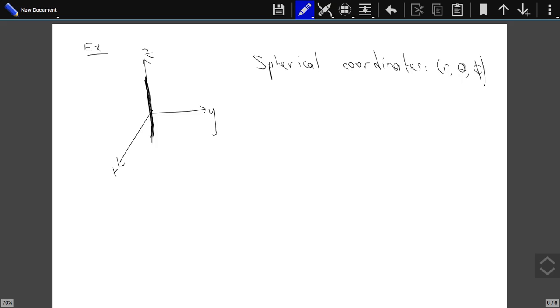So in terms of r, theta, and phi, rho of r, theta, and phi is equal to 0 if r is larger than L over 2, or if theta is not equal to 0 or theta is not equal to pi. Theta equal to 0 is the upper portion, theta equal to pi is the lower portion.